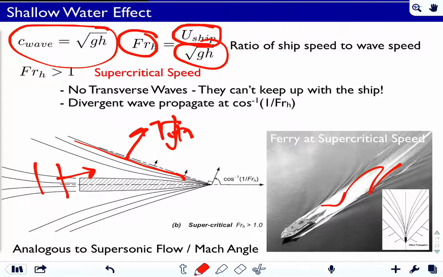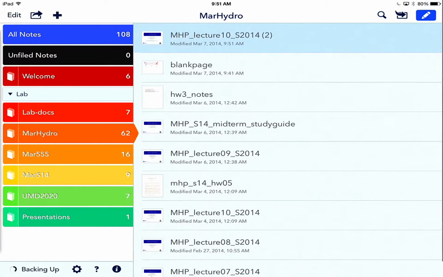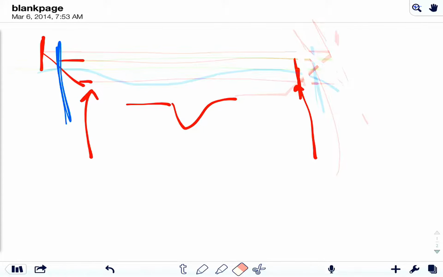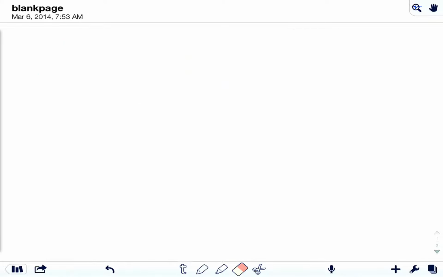And let me clarify that. I say it's analogous to supersonic flow, so let's have a look at that first. An object moving through space, like this, at supersonic speeds, is producing pressure disturbances, right? Noise, for example, or the pressure disturbance of pushing air around it.